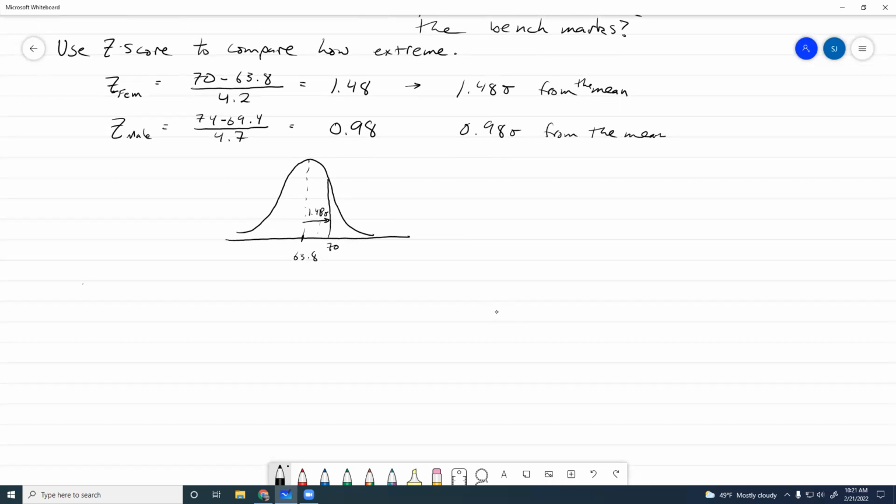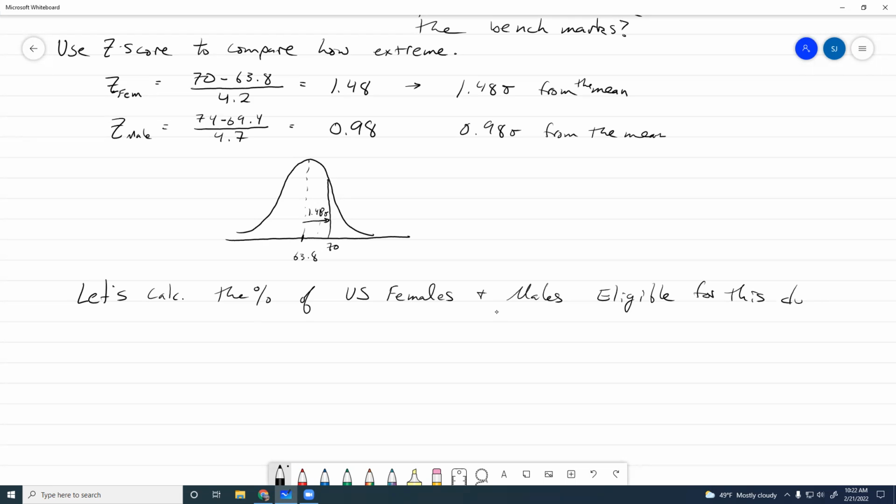Okay, so now we can ask another question. Let's calculate the percent of US females and males eligible for this club based on that normal distribution.